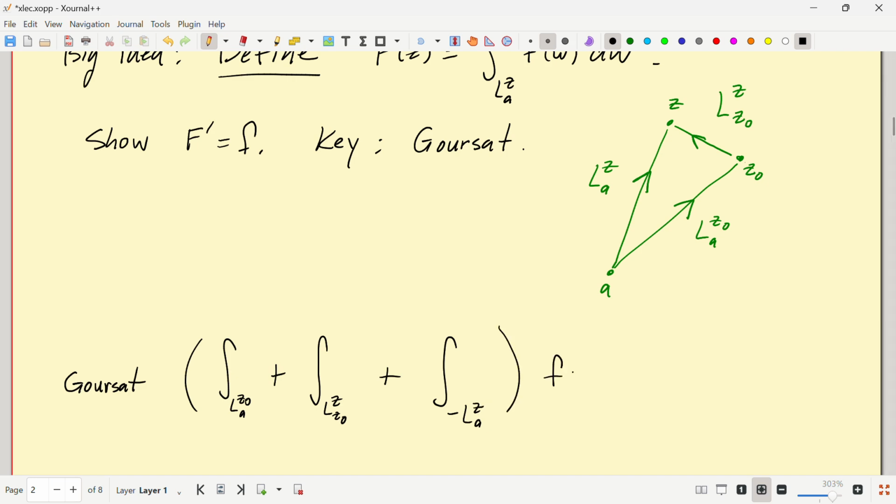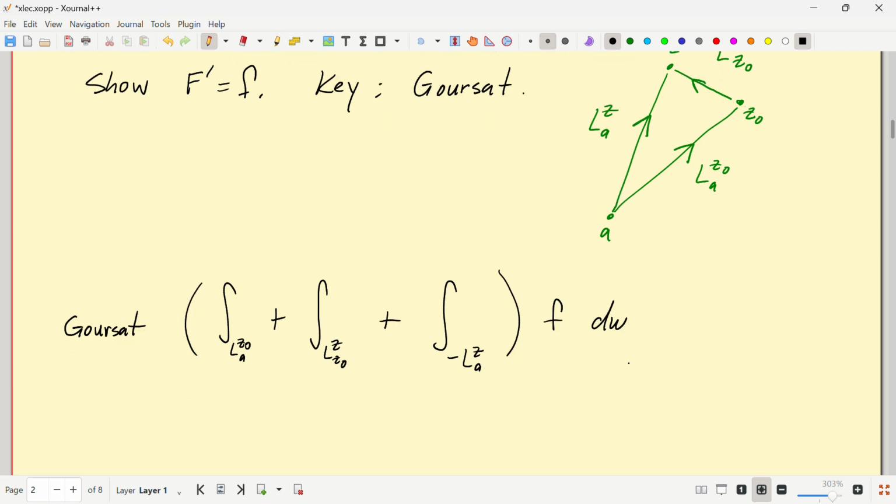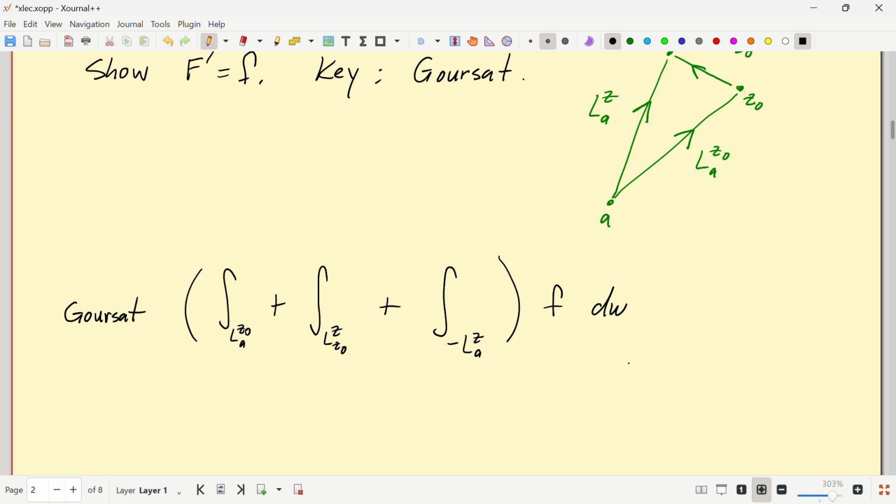I'll use my own personal notation here to be a sum, to save the writing. And as I mentioned in the beginning of class, going the opposite direction along that one is going to make this minus the integral along a to z of f dz.